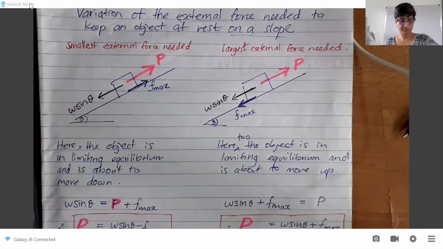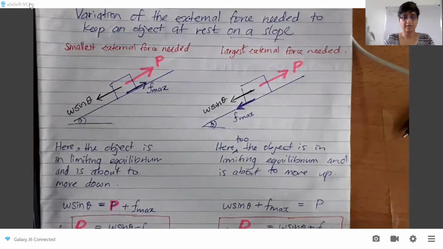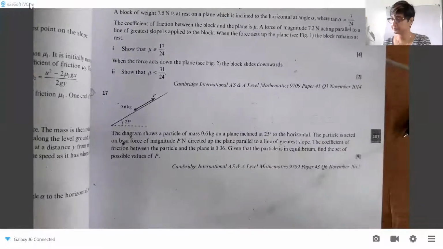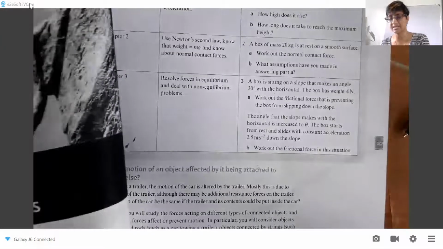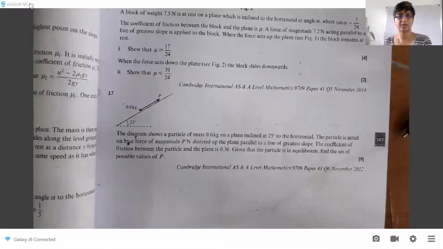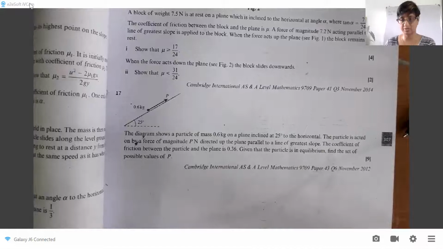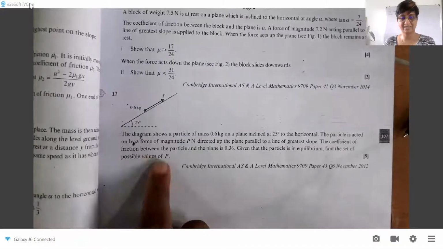I will show you the question. If you have your books, you can look at your own books. This is the last exercise in your friction topic in the book, last question, number 17.